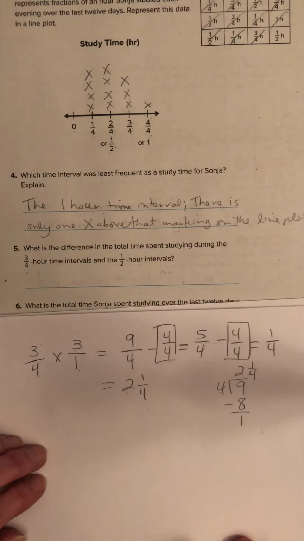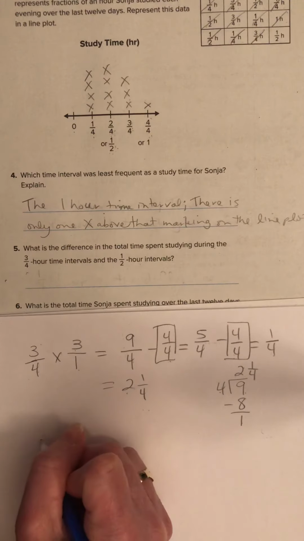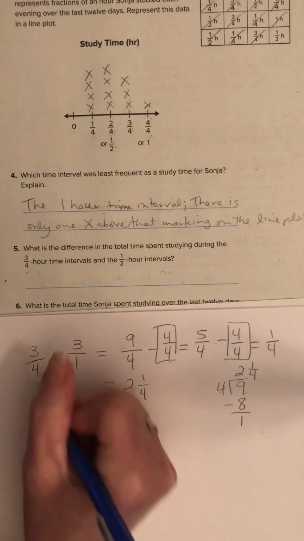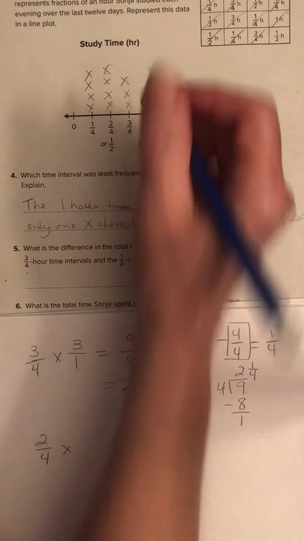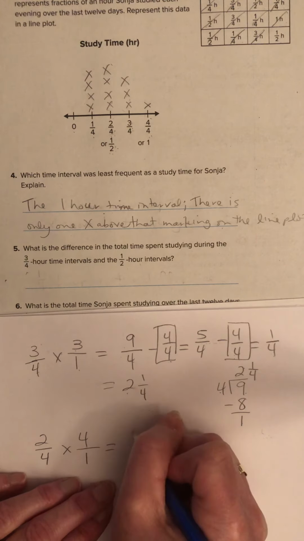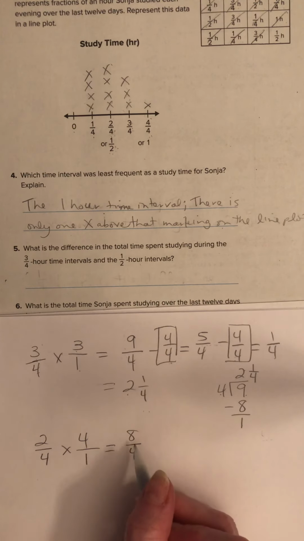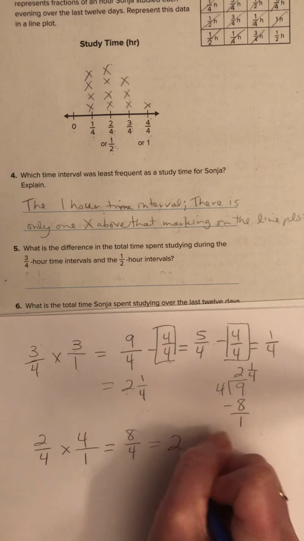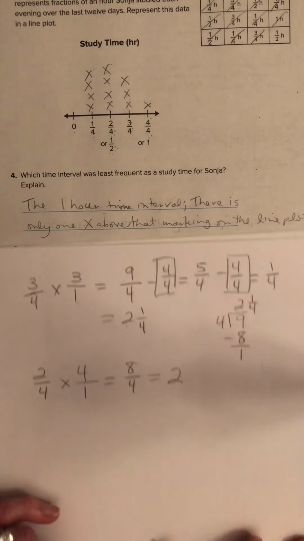So to be consistent, why don't we use the 2/4? 2/4, because we had 4s in the denominator here, times 1, 2, 3, 4. 4 over 1, I can write it as a fraction, equals 8/4. How many times does 4 go into 8? That's equal to 2.